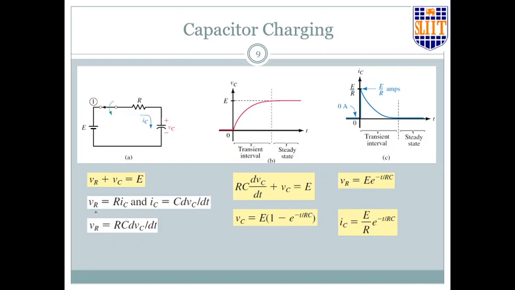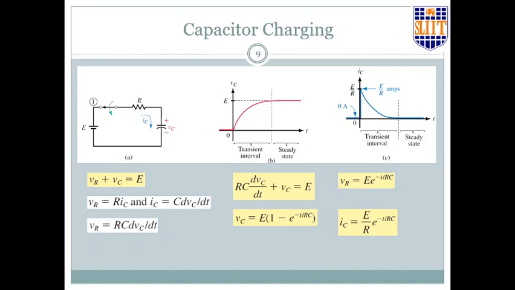So VR, the voltage of the resistor, is equal to IR. So I is IC times R. And for the capacitor, IC is related to the capacitance with this equation. So in that case VR is also equal to R into C dV by dt.